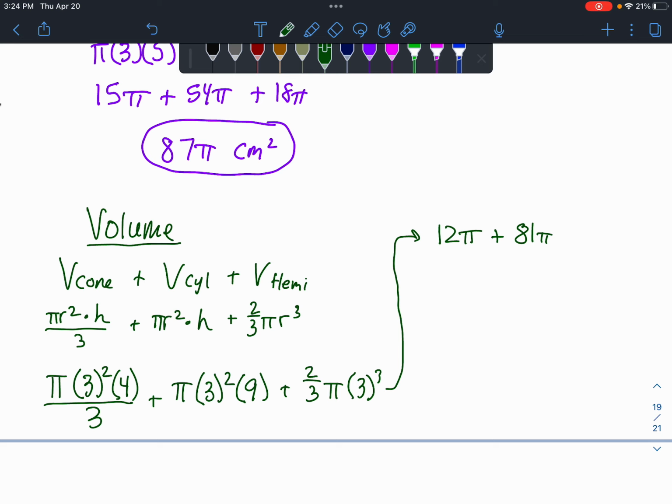And 54 divided by 3 is 18 pi. All together, add those up. I believe we get 111 pi centimeters cubed.